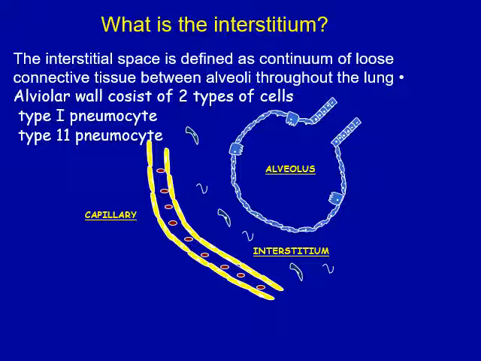Type 1 pneumocyte, which faces the endothelial cell, and type 2 pneumocyte, which secretes the surfactant, which prevents the collapse of the alveolus. And here is the capillary, which is lined by a single layer of endothelium. Between them is the interstitium, which contains connective tissue formed of elastin fiber, collagen fiber, and other cells.